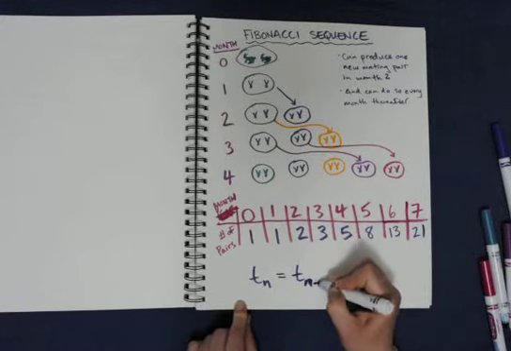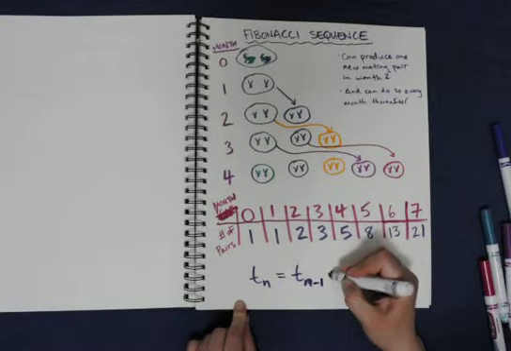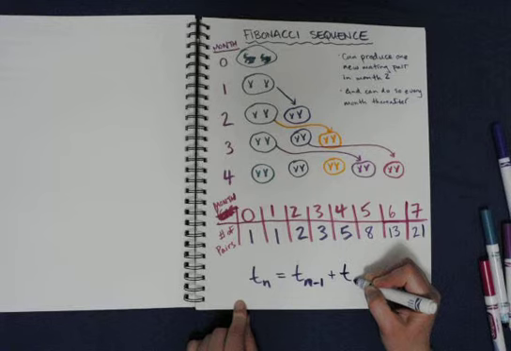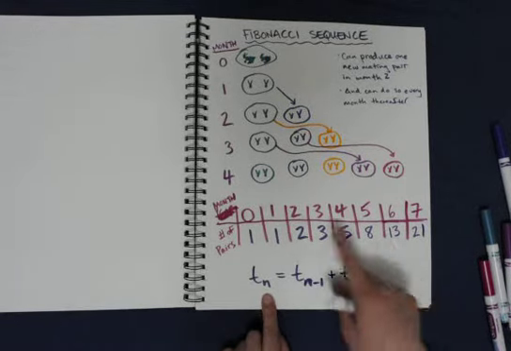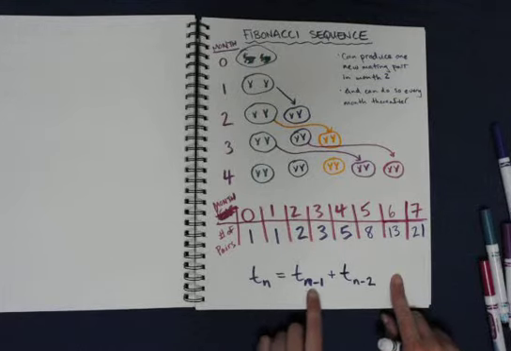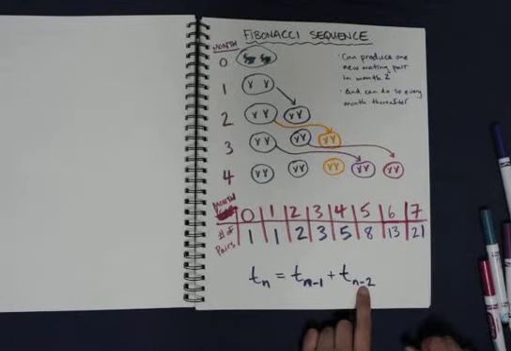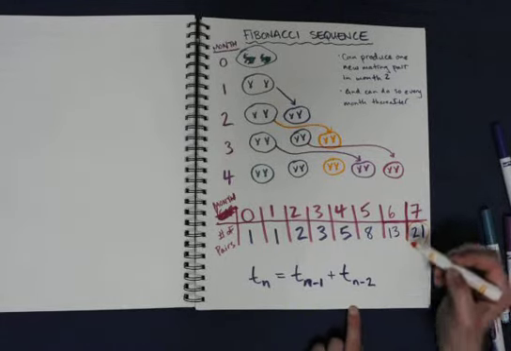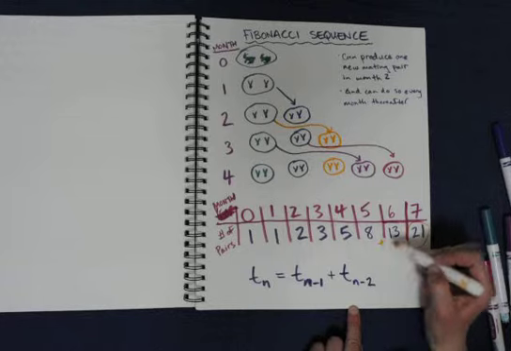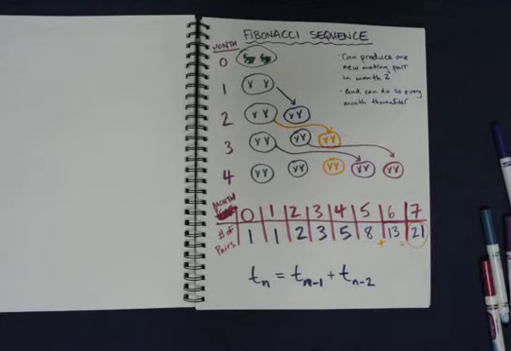Term n minus 1, plus term n minus 2. Okay, so term n, any term, is equal to term n minus 1 plus term n minus 2. So for example, term 21 is equal to 13 plus 8. Okay, and that works for all of the terms here.